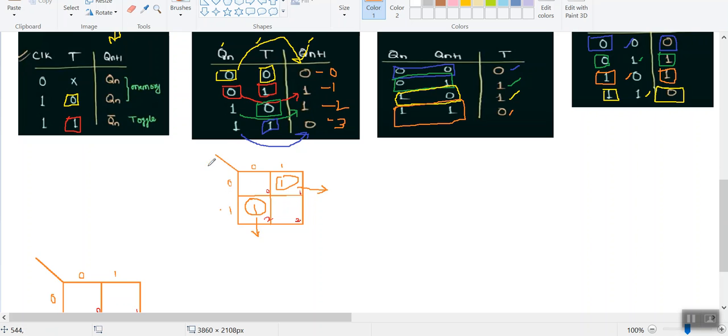So what are the inputs here? Qn is one of the inputs and T is one of the inputs.